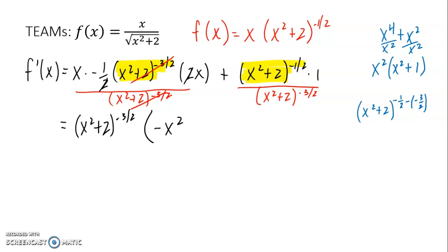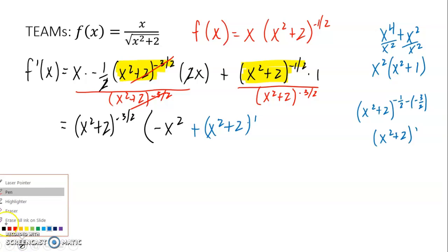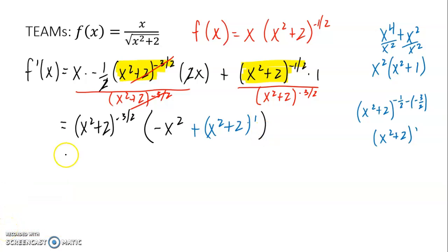Okay, and this is really the step that trips up a lot of students, because you've got to understand that that'll always just go to the first power. So what am I left with here? I'm really just left with x squared plus 2 to the first power. Now I'm writing it in parentheses just to show the step completely.